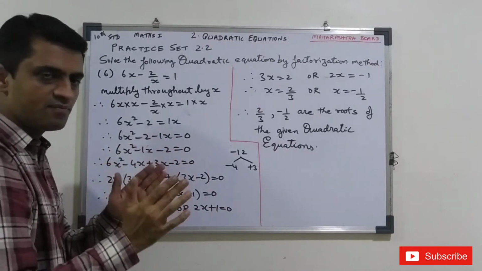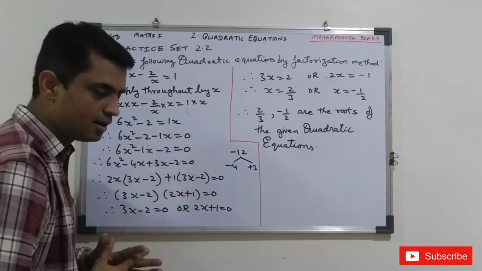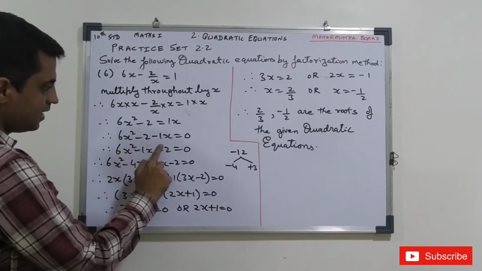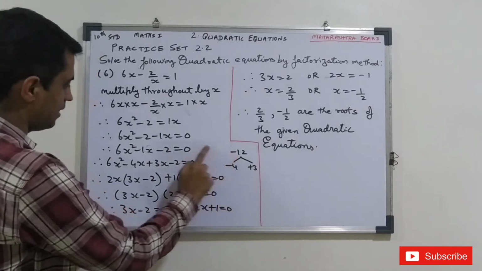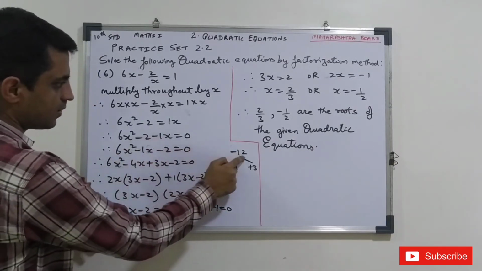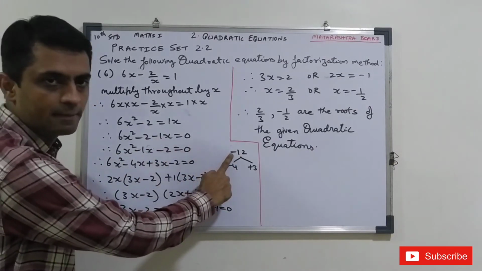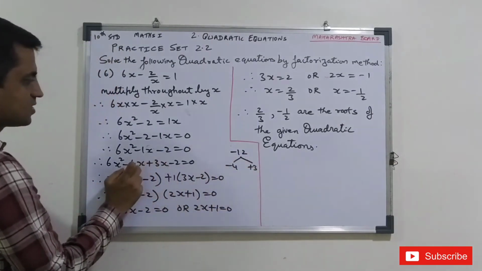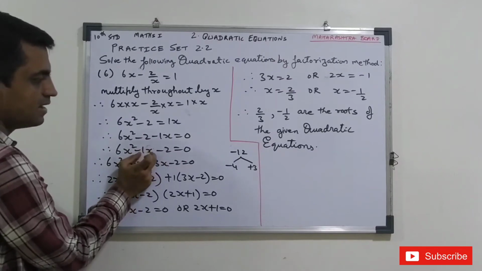Now, same way, splitting of the middle term, 6 into minus 2. 6 into minus 2 is minus 12. 6 twos are 12 and this minus sign here. Now after this, same way, we have to find factors in such a way that we should get minus 1.